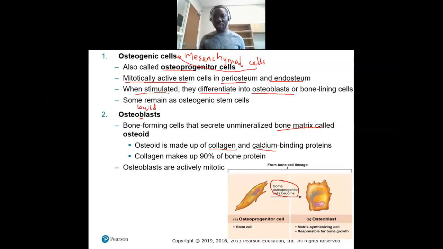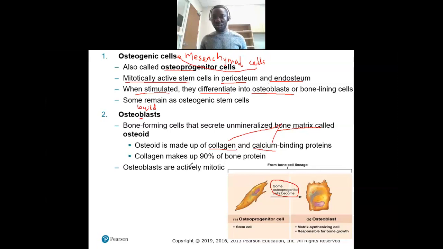It is the osteoblast that builds the bone matrix, which consists of collagen fiber and calcium phosphate or calcium carbonate.